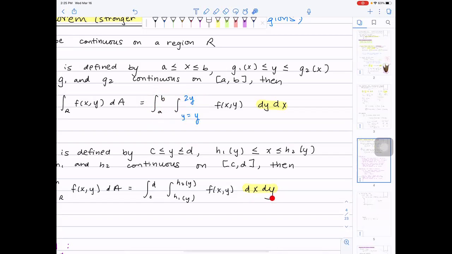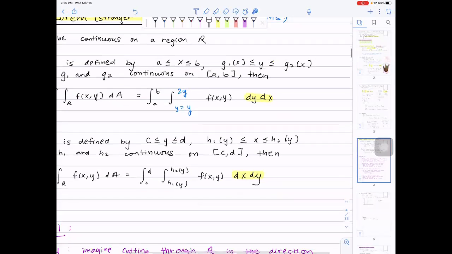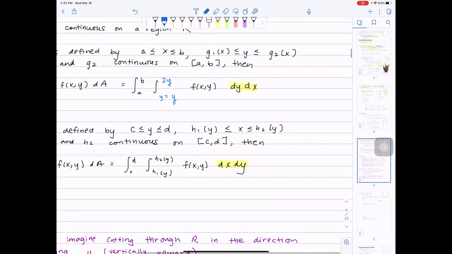And so if you do dx dy, you'll see that these first bounds can't have x's in them. They have to be terms with y's in them or constants. Why? Because doing y equals y doesn't make sense, because how would you graph y equals y?